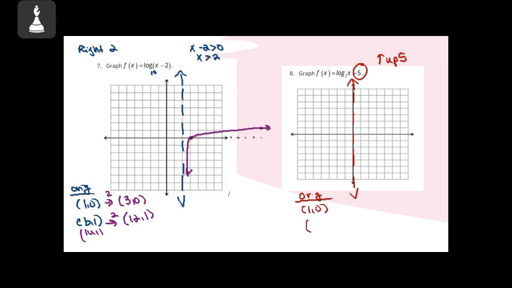But now everything has to go up 5. So that's now going to be at (1, 5), and this one is going to be at (2, 6): 1, 1, 2, 3, 4, 5, and (2, 6). Then do your best to draw your curve.